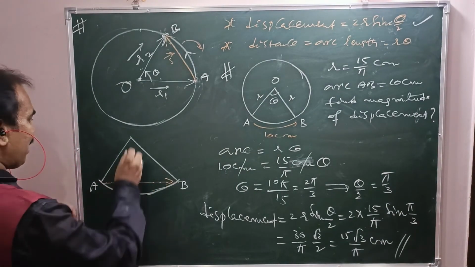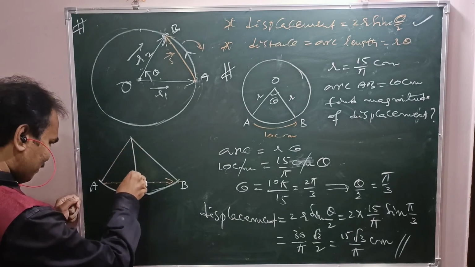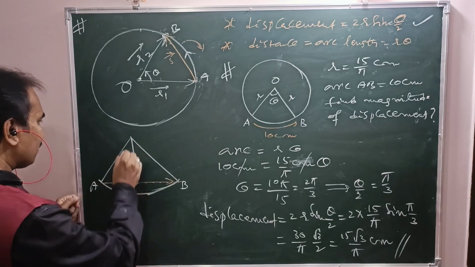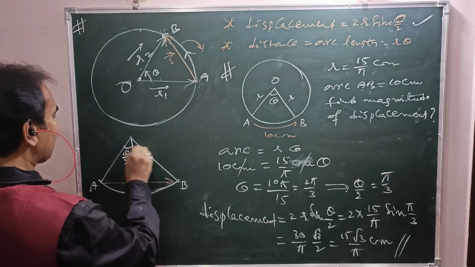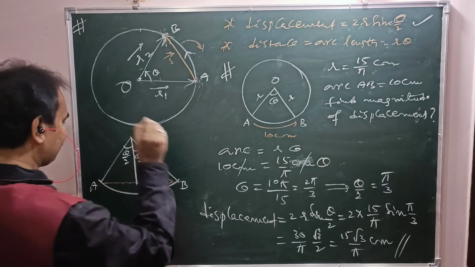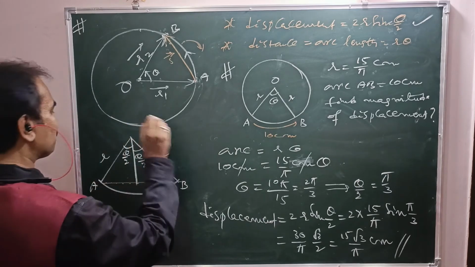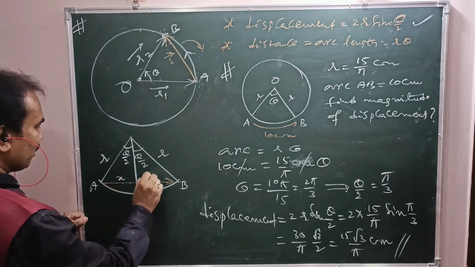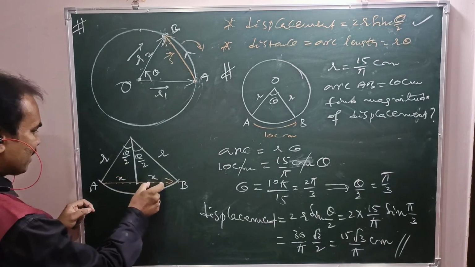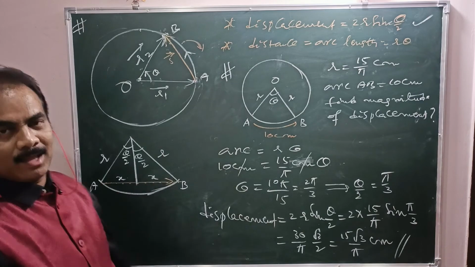If I divide with a bisector, this is half angle theta by 2, and this is also half angle theta by 2. This is radius, this is also radius. Let this be x, here also x. Now x plus x, 2x is the displacement.